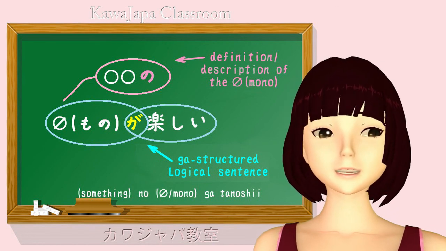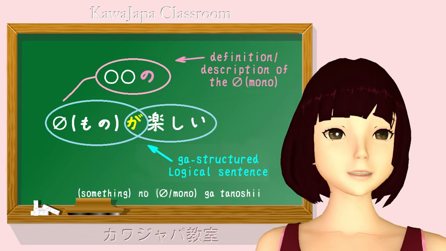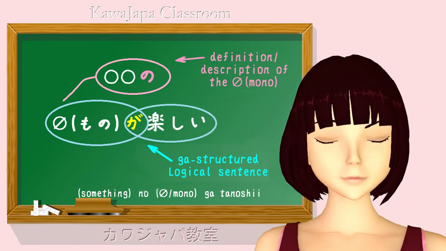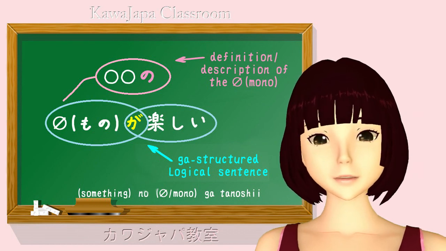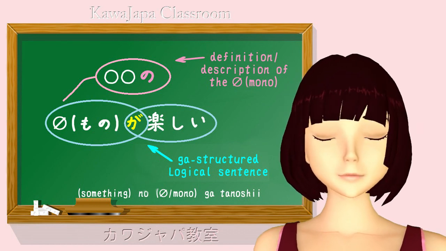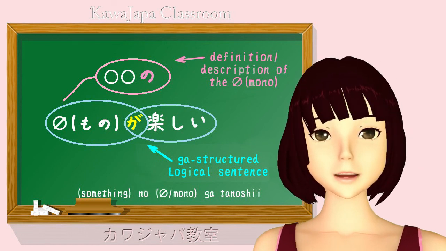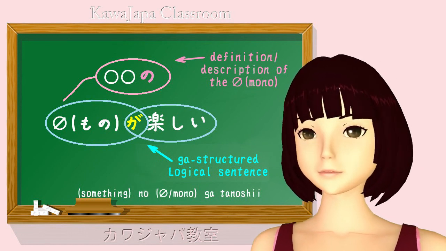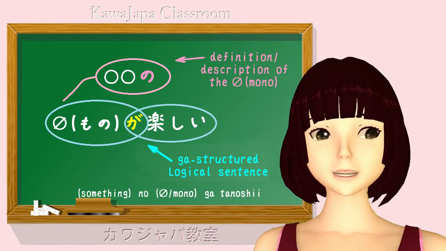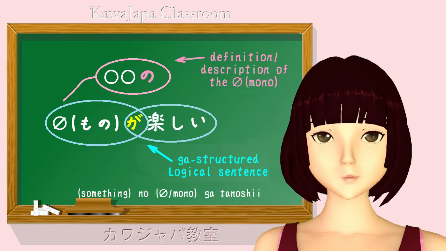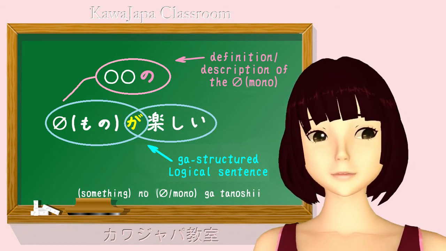Now, in Japanese, all the rest of that sentence is going to go behind the no. All of it is going to be a modifier, a kind of adjective for the zero pronoun which is implied by the no. And if we understand that, it's going to be much easier to understand the sentence. We're going to be able to look at it and say, what is the subject of this sentence? What is the thing that's doing or being something?